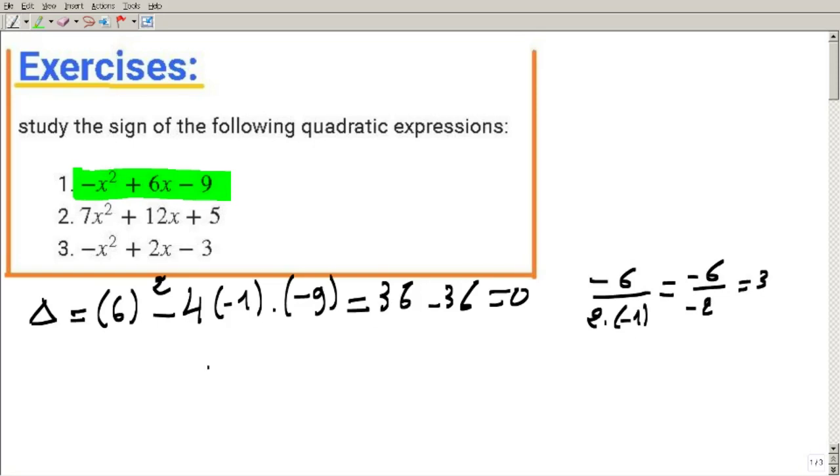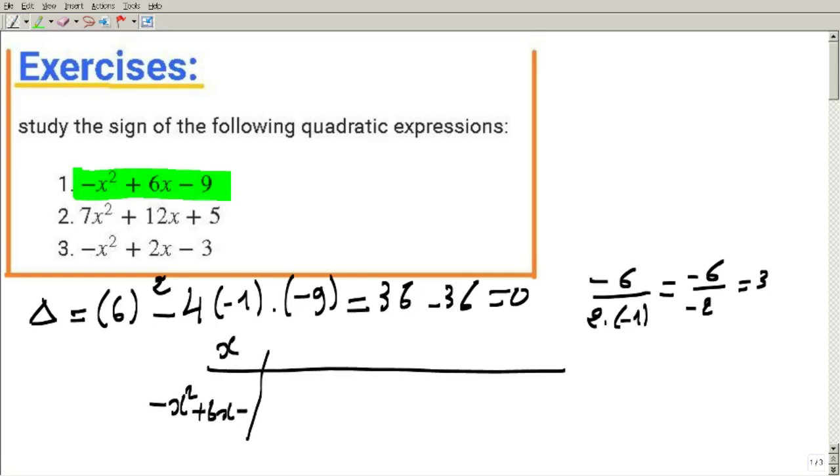So we put the following table of sign for the first quadratic expression: minus x squared plus 6x minus 9, minus infinity, plus infinity.